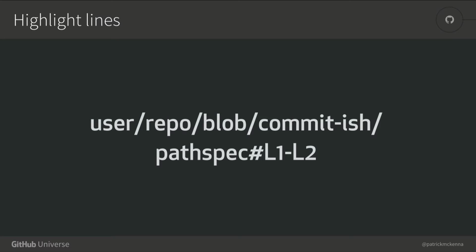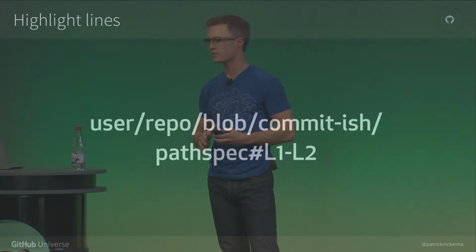Another really useful thing to be able to do with just a little URL hacking, as we like to call it, is to be able to highlight specific lines. So assume, again, you're coming into a project, you found some file that includes, say, a function definition that you really like, or an implementation of an algorithm that you find especially clever or maybe even problematic, and you want to point this out to your teammates.